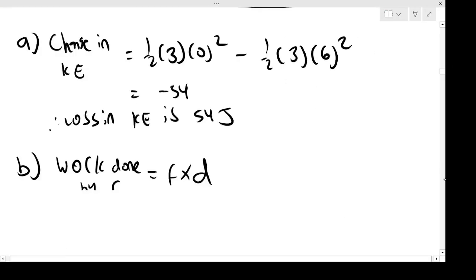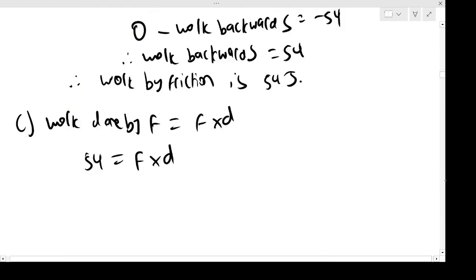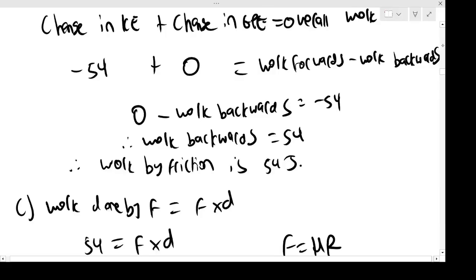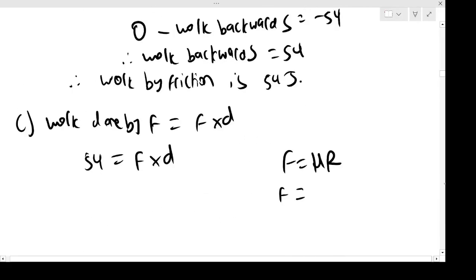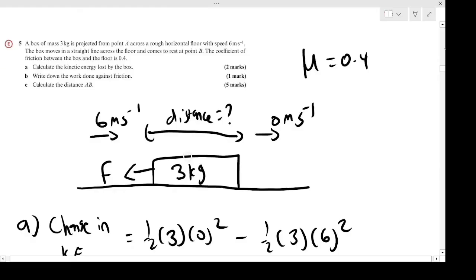We also know that the formula involving that is F equals mu R, right? So F is going to be, well, mu is 0.4, friction is 0.4 lots of R, the reaction force.